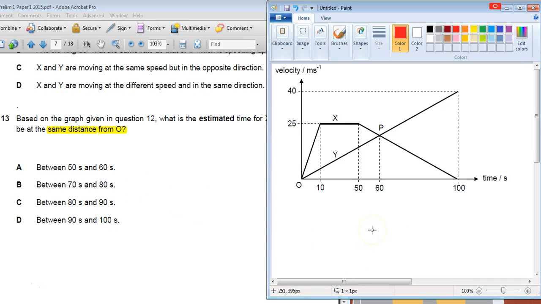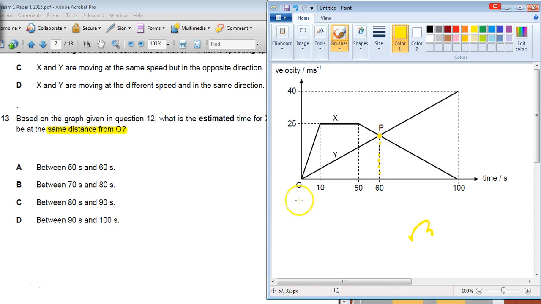So this is the graph on top, which I have copied into my paintbrush. From O, we have to look at the area from O onwards. Let's take this interesting point where they intersect.